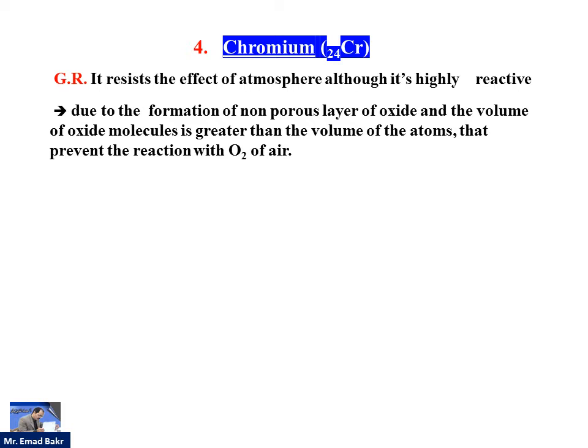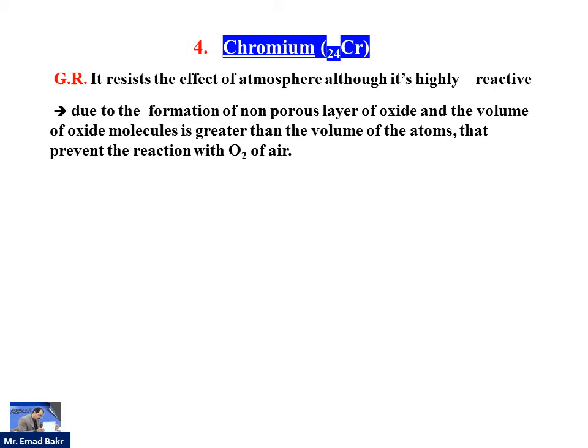Thus, chromium reacts with oxygen, forming a very thin layer on its surface. This layer separates the atmosphere from the other part of the metal, so it is protected.